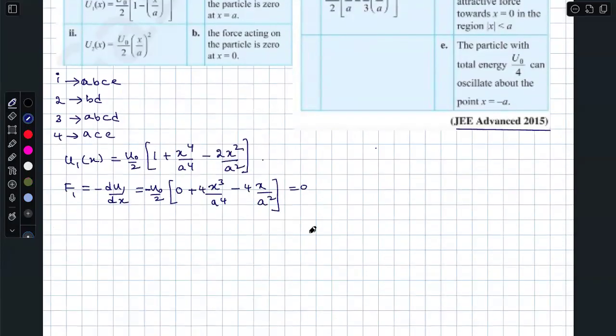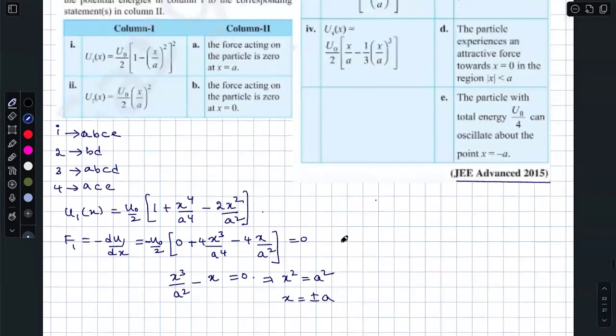You want this to be 0 means x cube by a square minus x is equal to 0, which implies x square is equal to a square, or x is equal to plus or minus a.